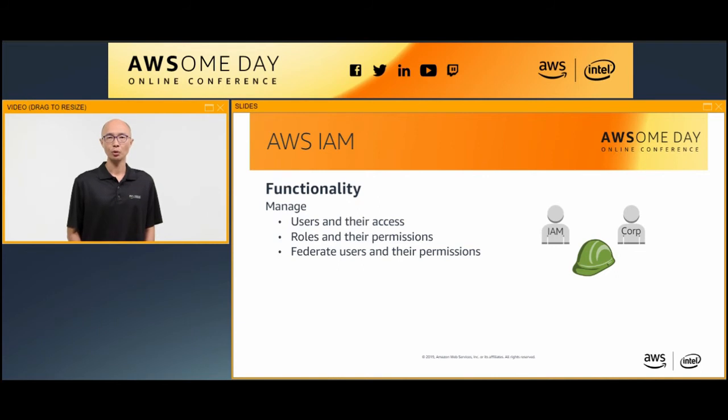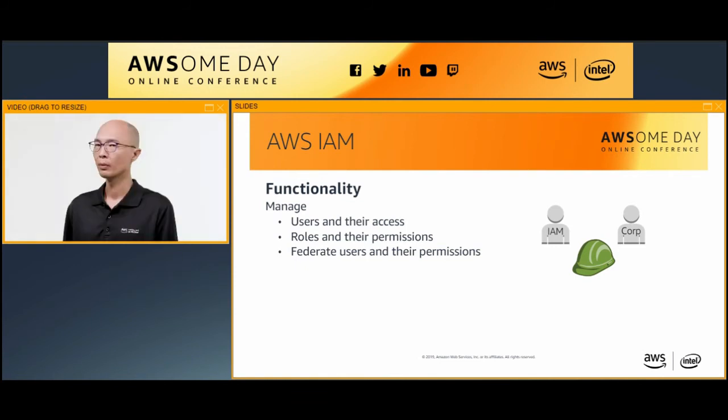AWS IAM allows you to, firstly, manage AWS IAM users and their access. You can create users in the AWS IAM, assign them individual security credentials, in other words, access keys, passwords, and multi-factor authentication devices, or request temporary security credentials to provide users access to AWS resources and services. You can manage permissions to control which operations a user can perform. Next, manage AWS IAM roles and their permissions.